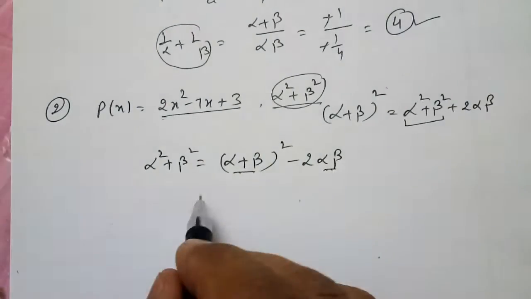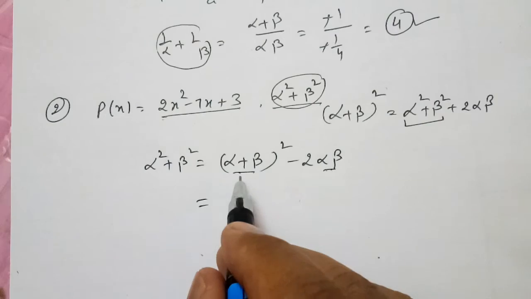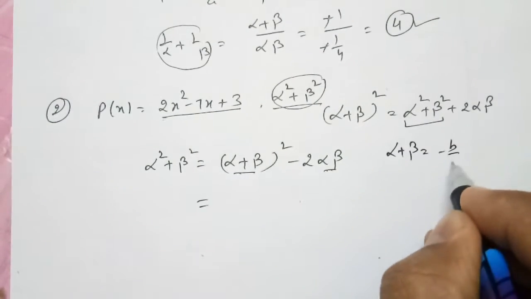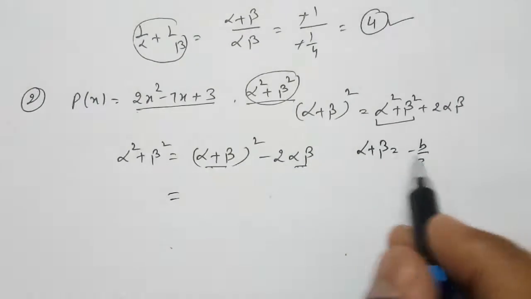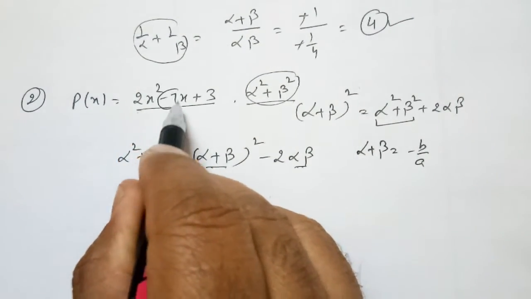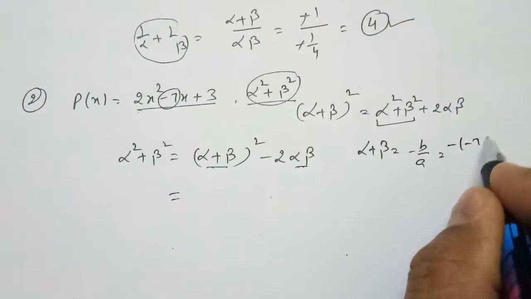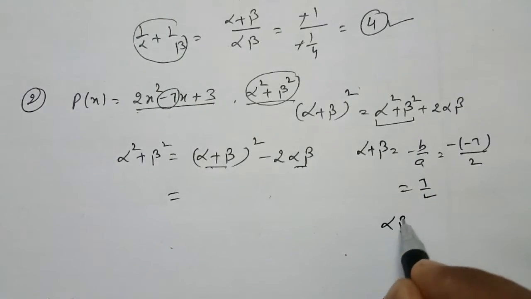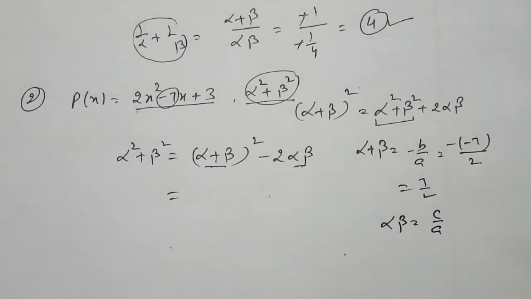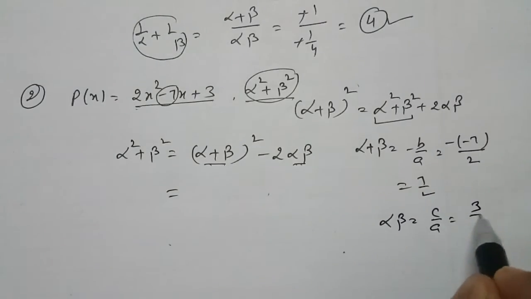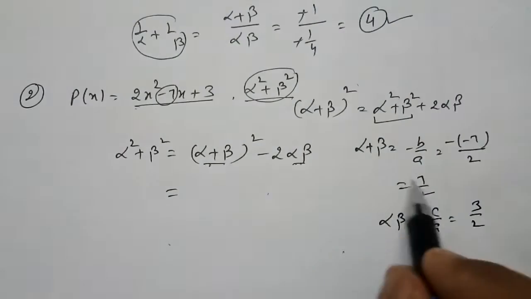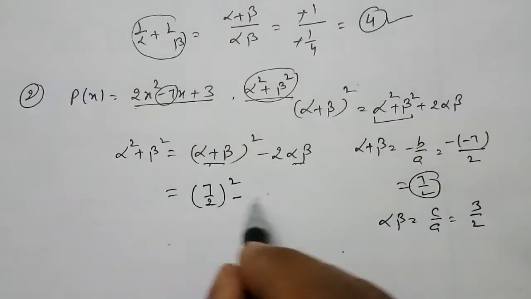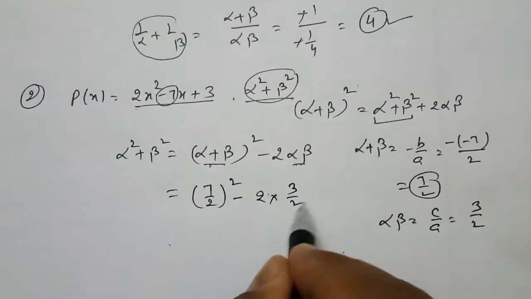So from this equation I will directly put here alpha plus beta which equals to minus b upon a. So minus b, b is here minus 7, so it becomes minus of minus 7 upon 2 which equals to 7 by 2, and product of zeros alpha beta which equals to c upon a. So here c is 3, so it is 3 by 2. So we will substitute the values here. Alpha plus beta means 7 by 2, 7 by 2 whole square minus 2 into 3 by 2.